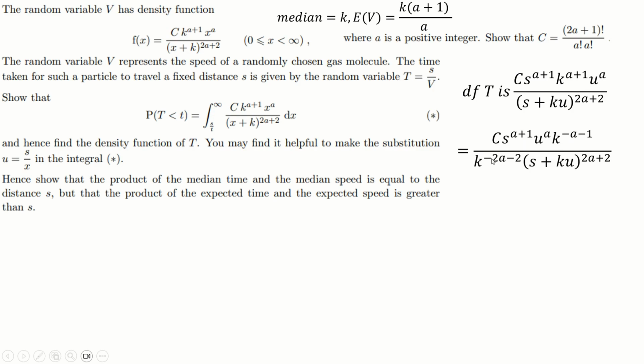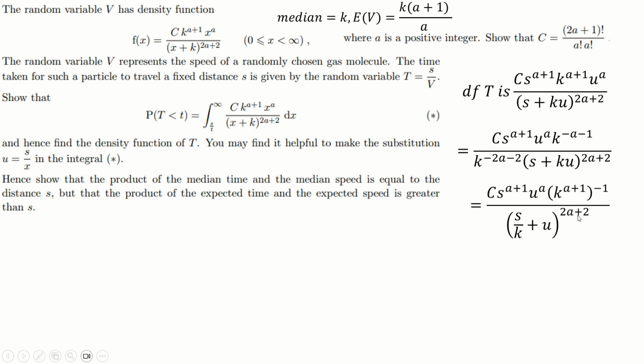Minus a minus minus 2a is a, and minus 1 minus minus 2 is plus 1. So this is, I haven't done anything else. This just about holds. The reason I did this is because this is essentially a k to the minus 1, 2a plus 2 times. So that's a 1 over k, 2a plus 2 times, which means I have exactly enough 1 over k's to put it in this bracket and write this bracket as s over k plus u, 2a plus 2 times.